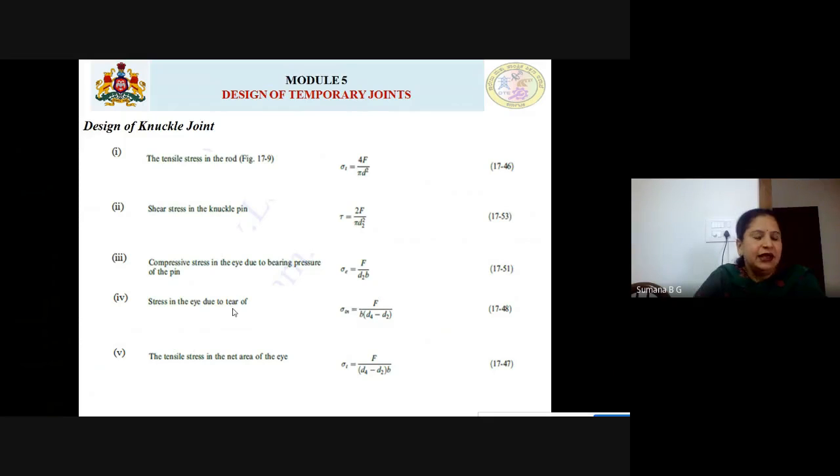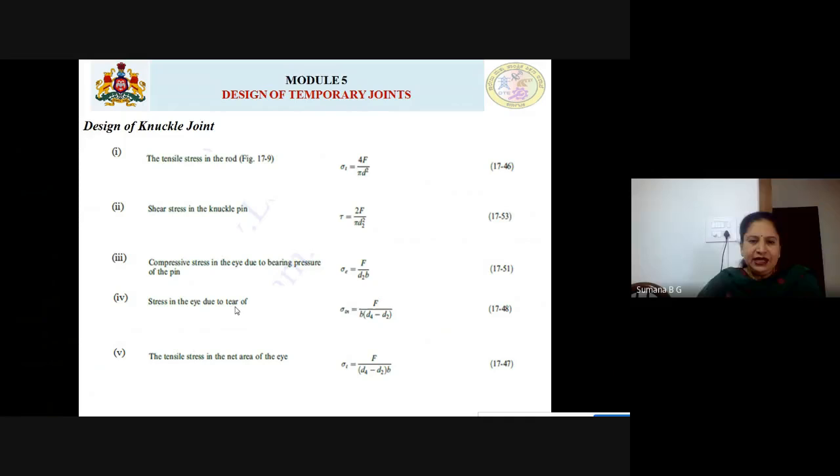Equation 17.53 defines shear stress in the knuckle pin. The compressive stress in the eye due to bearing pressure of the pin is defined by equation 17.51. The stress in the eye due to tear is defined by equation 17.48.